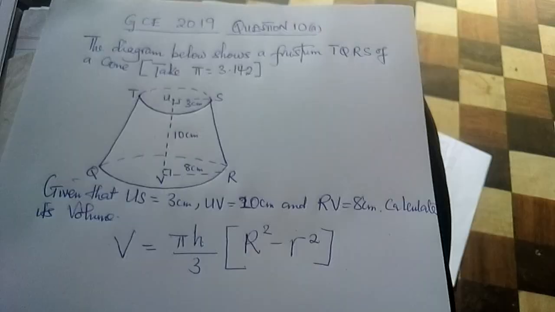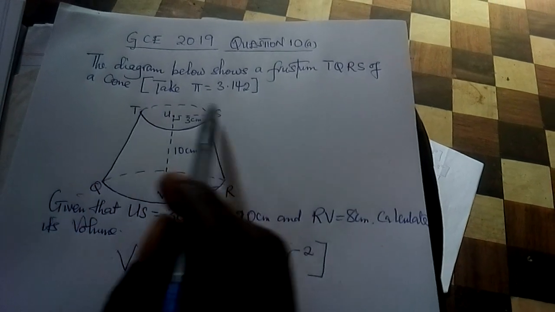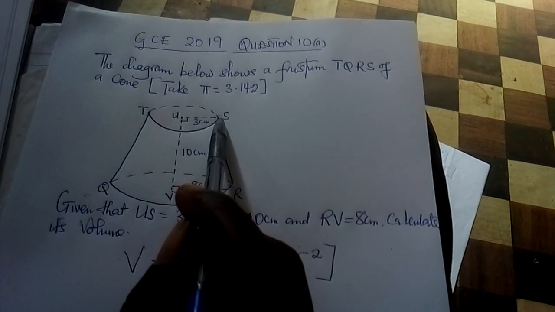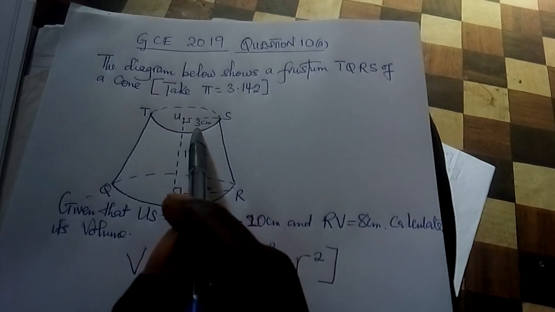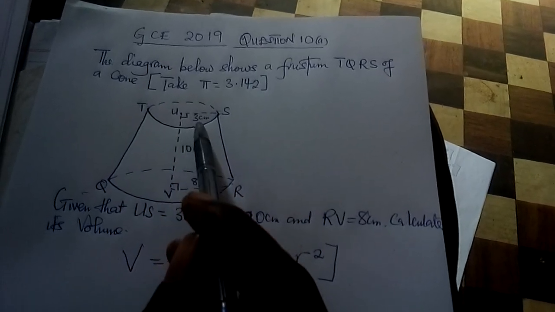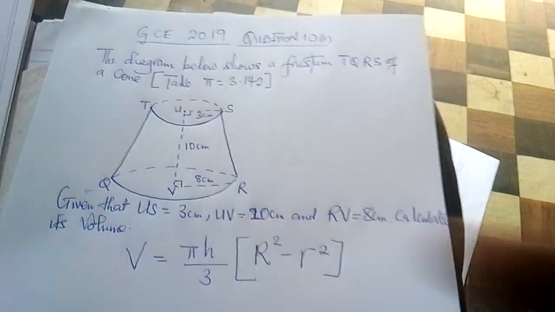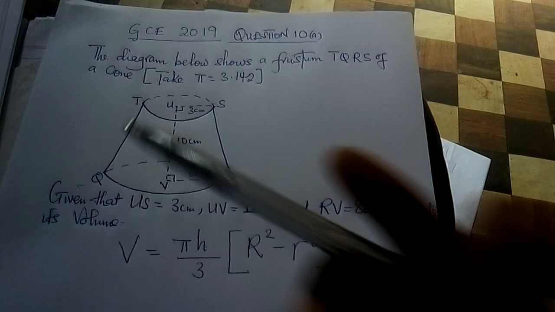For example, from T to S, they may give you 6. What is half of 6? It is 3. You always take half of a diameter to get the radius. This question was straightforward because we are actually given the radii.